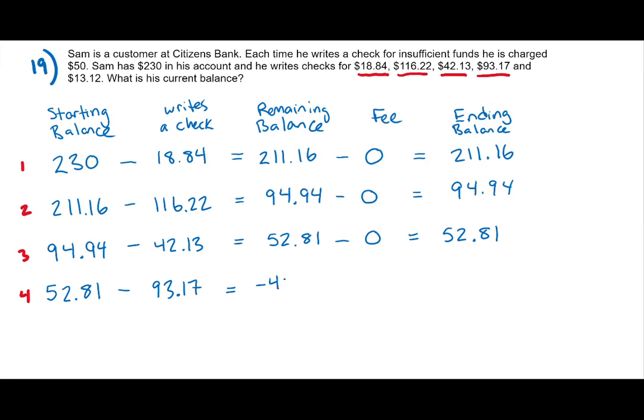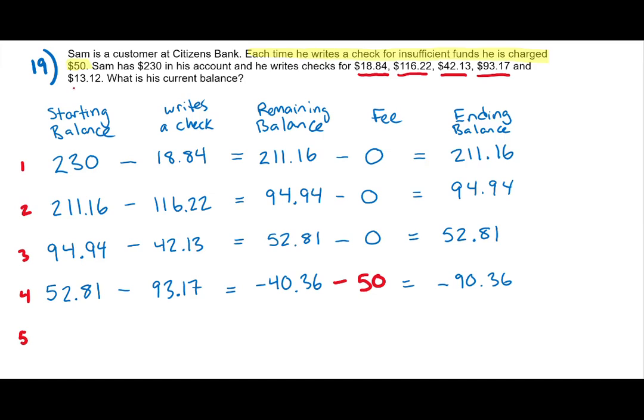So now his balance is negative $40.36. So now there's a fee. So we're going to subtract off a fee of $50. Right? Each time he writes a check for insufficient funds, he is charged $50. So because of the check and the fee, now he's got a negative balance of negative $90.36.